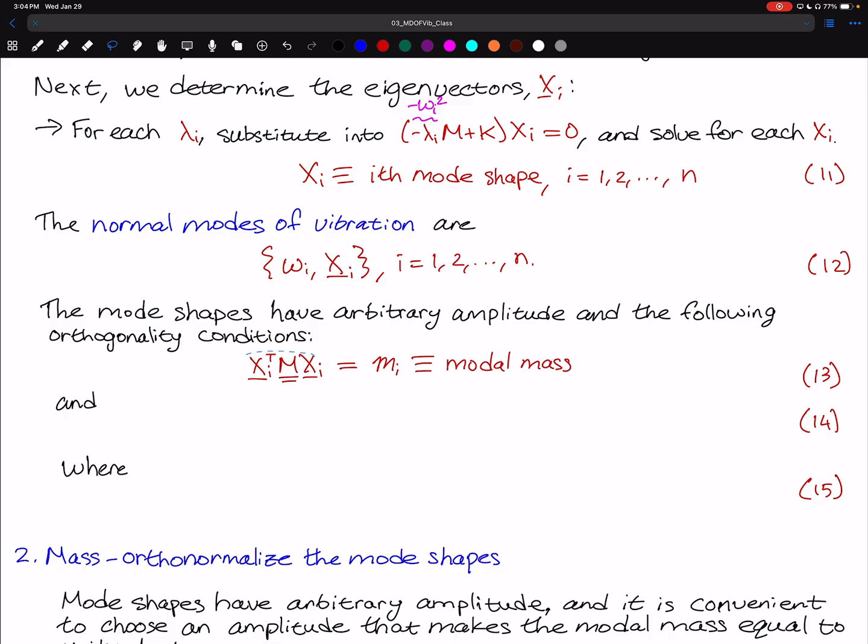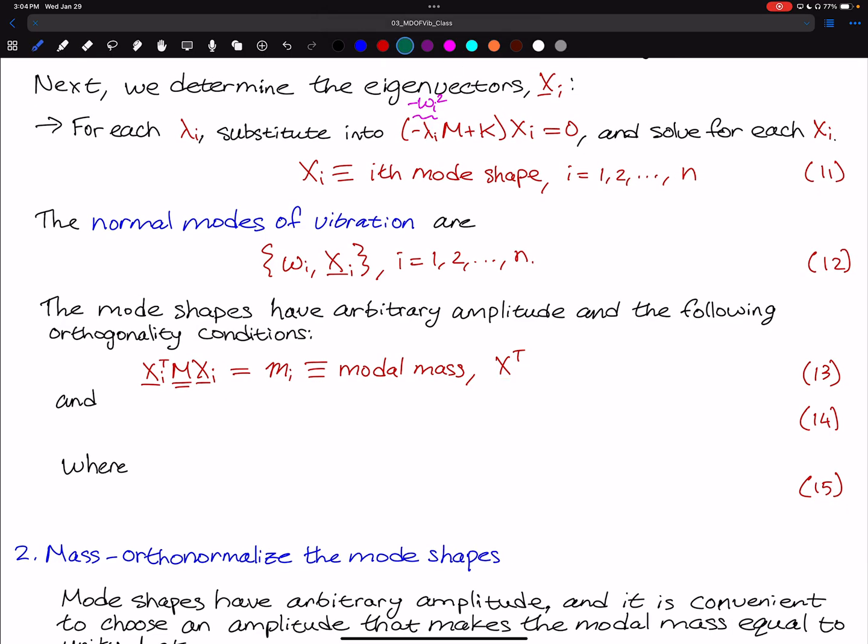We're going to add another condition here. If you compute this using different mode shapes, so Xi_r transpose times the mass matrix times Xi_s, this will be equal to 0 for r not equal to s.